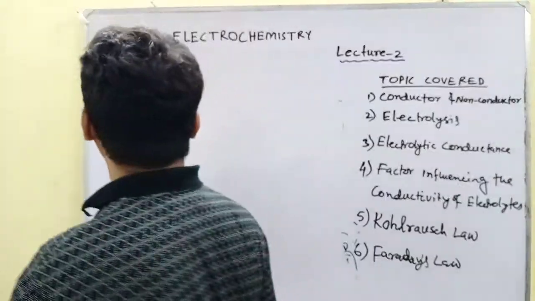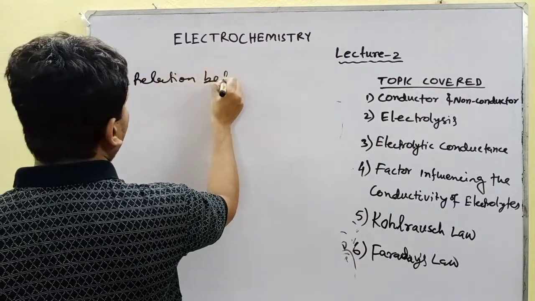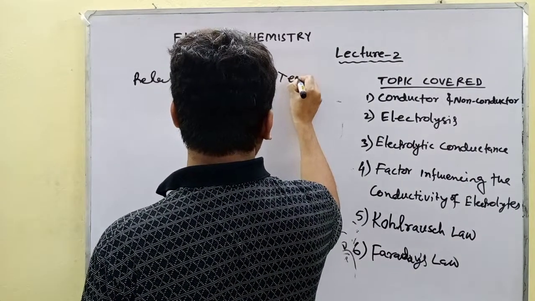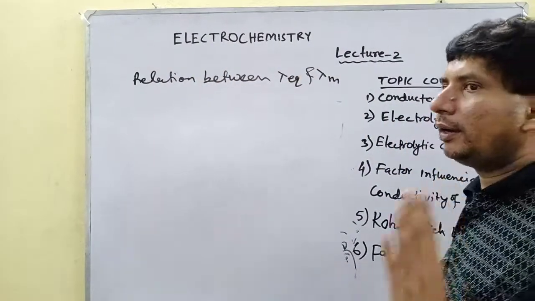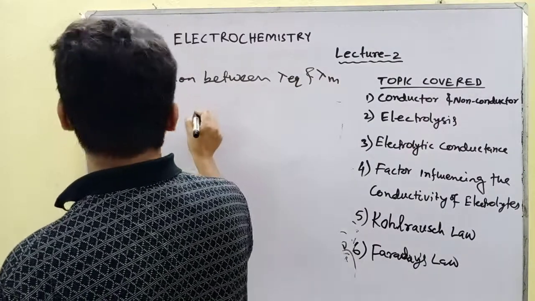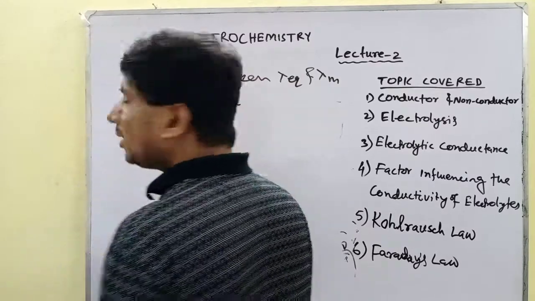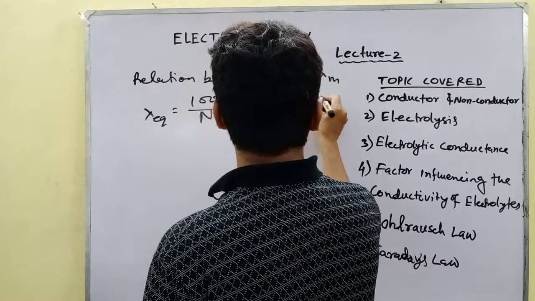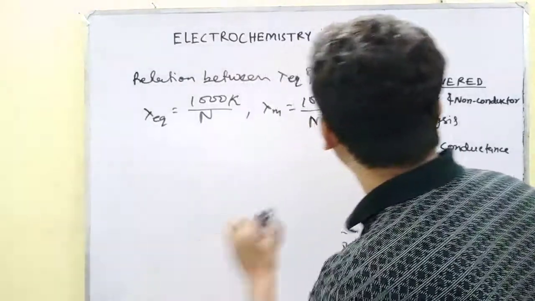The relation between lambda EQ and lambda M. We know lambda EQ equal to 1000 kappa by normality or C, and lambda M equal to 1000 kappa by capital M, molarity.